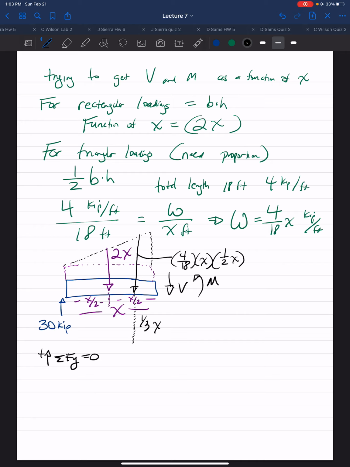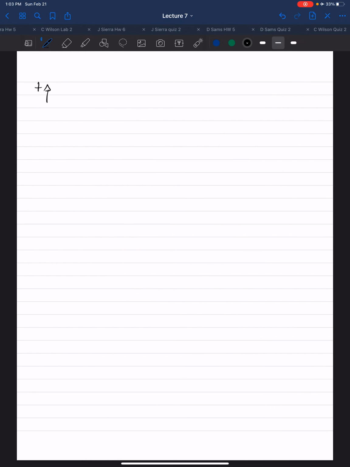Taking into account our support reaction at the roller, 30 kilopounds, minus our rectangular loading, which is 2x, minus our triangular loading, which is 4/18 x times half x, minus our V. Let's go to a clean page and rewrite that.